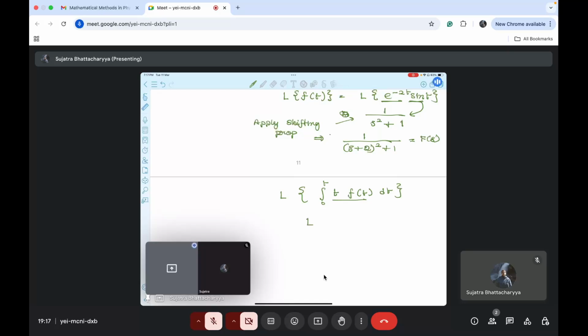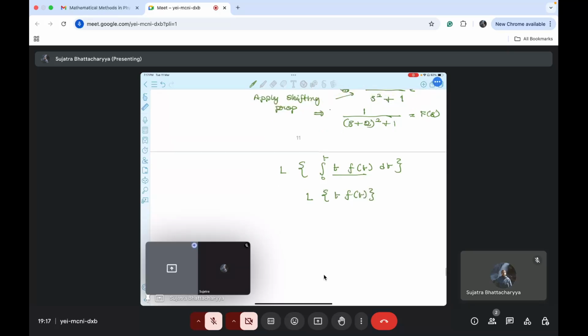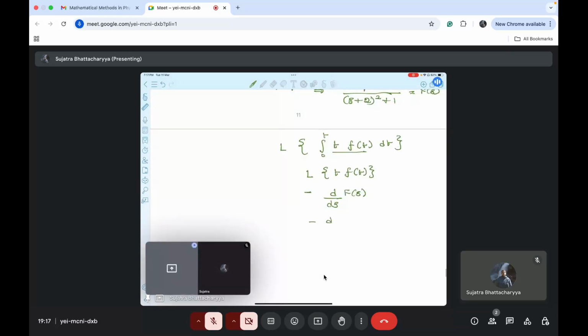The Laplace transform of t into f(t) is d/ds with a minus sign of F(s). And what is that? Minus d/ds of 1 upon (s plus 2) whole square plus 1.